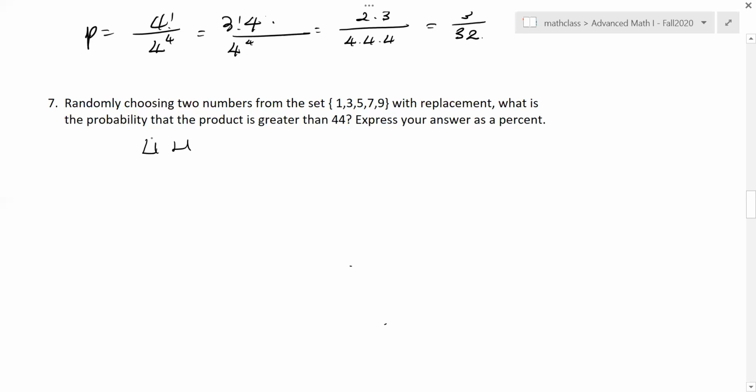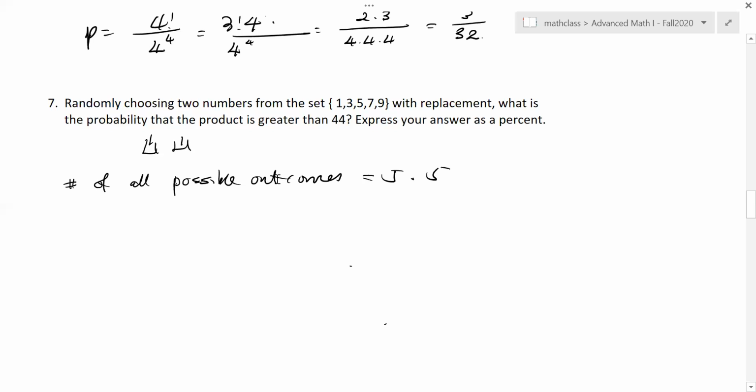One could be 1, and the other could also be 1. So the number of all possible outcomes is, for the first box you have 5 choices, for the second box you also have 5 choices. So in total you have 25 outcomes.